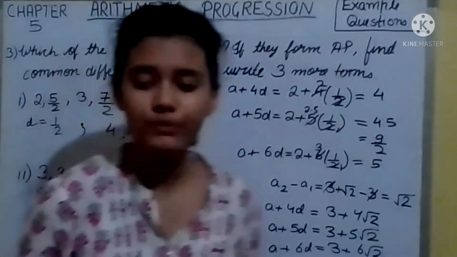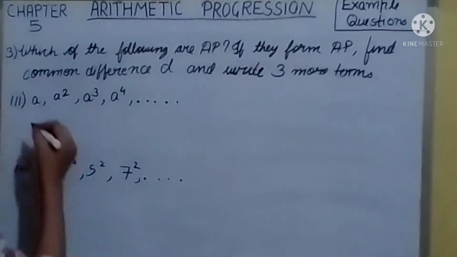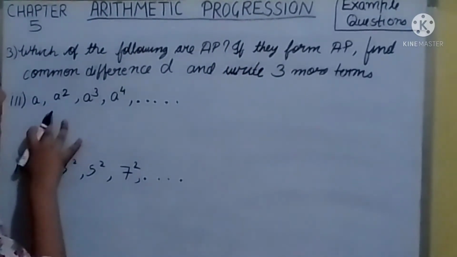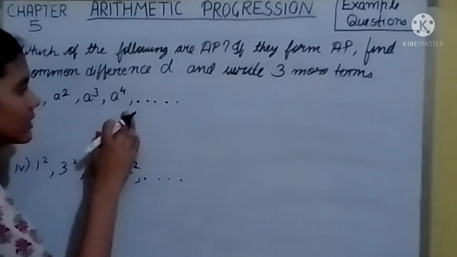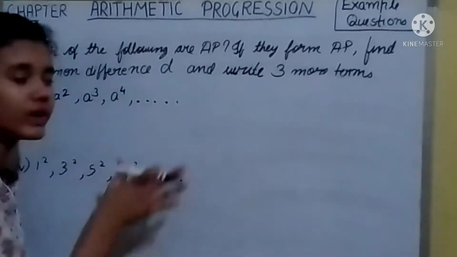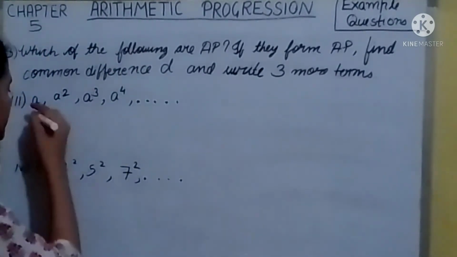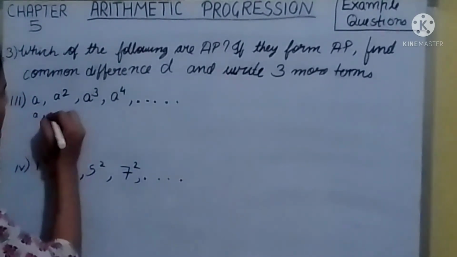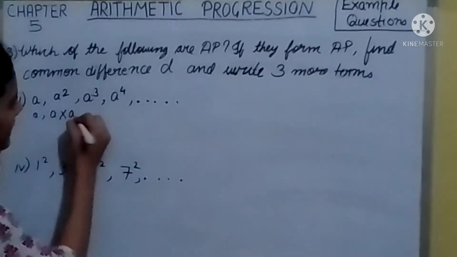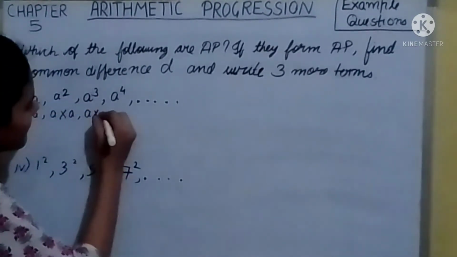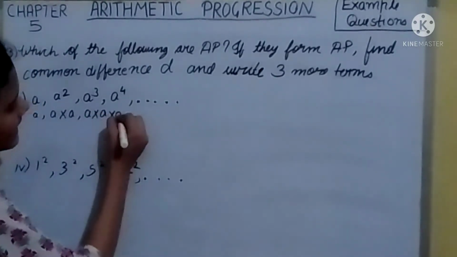Now let's do further questions. So the third question says that a comma a square comma a cube comma a raised to the power 4. Okay, so here this list we have got. So if we simplify this, a square means a multiplied by a. Then a cube means a multiplied by a multiplied by a.